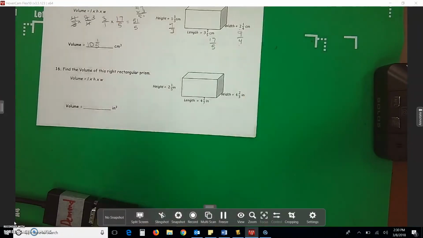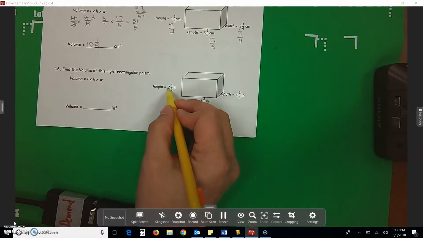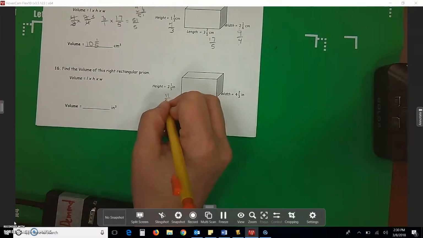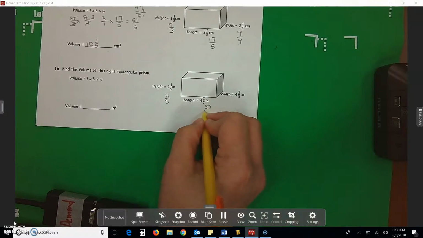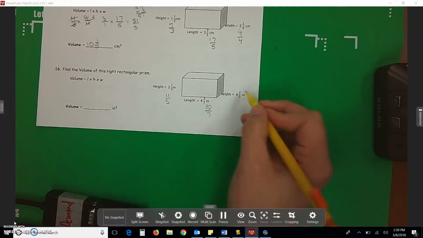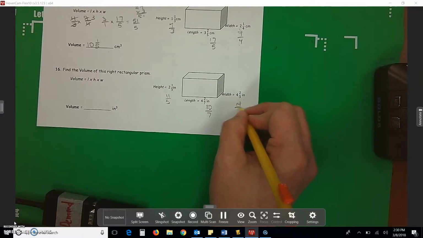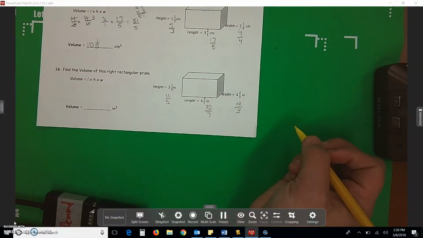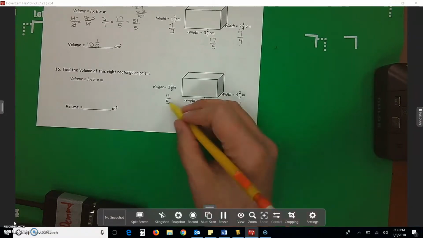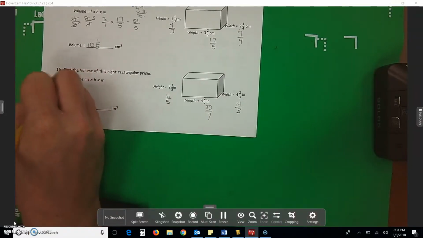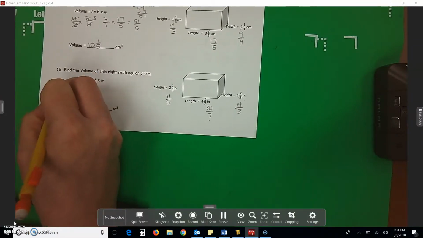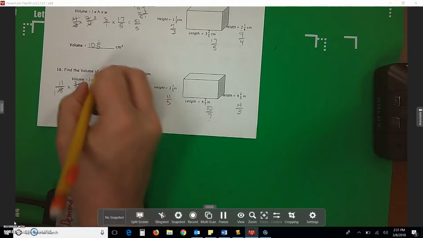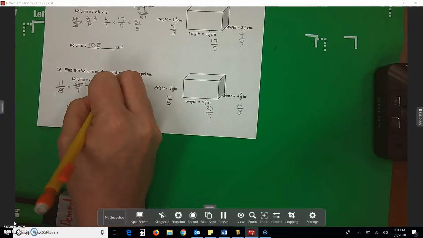Going to 16. Volume again, 5 times 2 is 10, plus 1 is 11. 7 times 4 is 28, plus 2 is 30. 3 times 4 is 12, plus 2 is 14. I don't see anything really good that I can cancel right off the bat, so I'm going to go with these two first. 11/5 times 30/7. 5 goes into 30 6 times, which gives me 66/7.